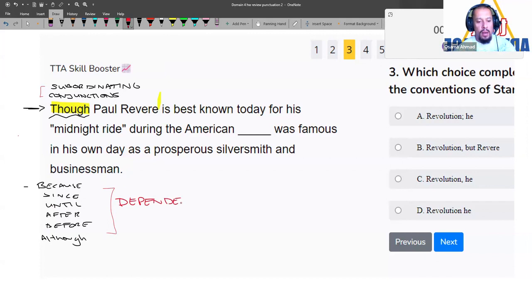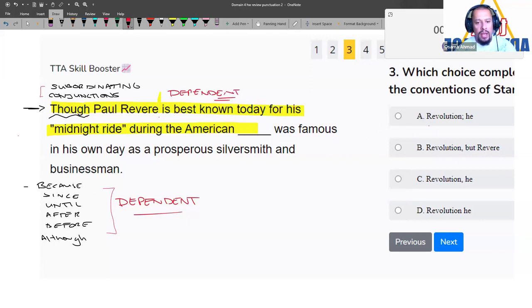Okay, so Mr. Muhammad, this first idea, though Paul Revere is best known today for his midnight ride during the American Revolution, is this independent or dependent? It's dependent. Very good job.